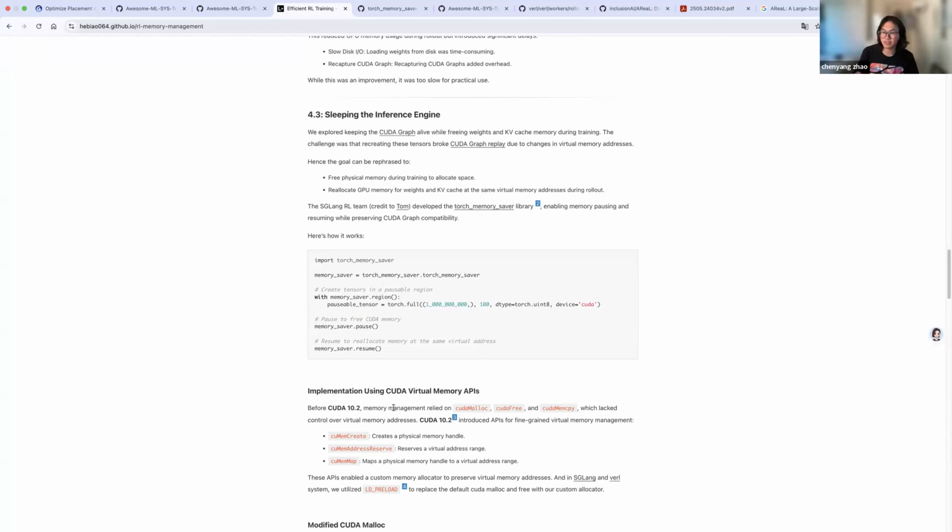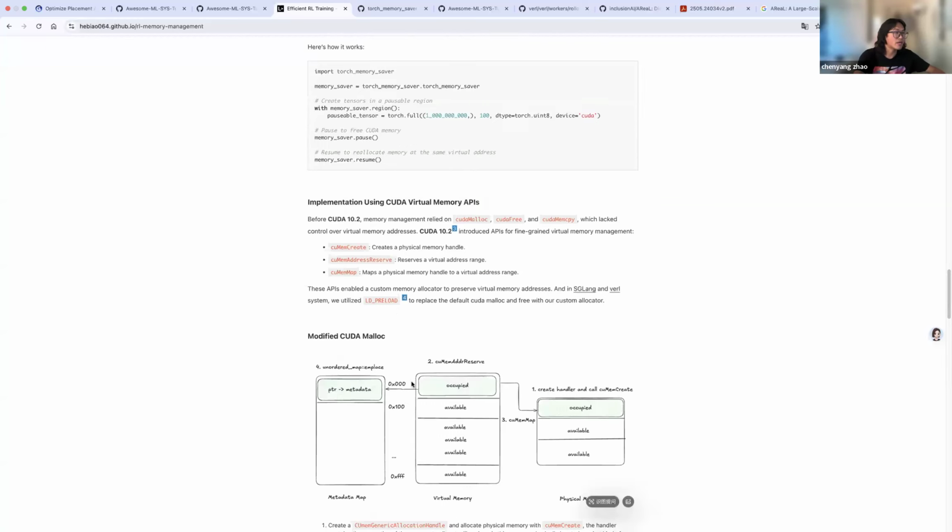It's somewhat telling how a computing graph flows from each point on the virtual address. So as long as the virtual address is kept the same, our CUDA graph still works, right? So the idea is we keep the virtual address consistent, so we can make sure our CUDA graph is still working. That's the thing we have done.